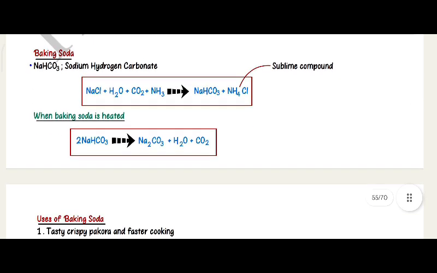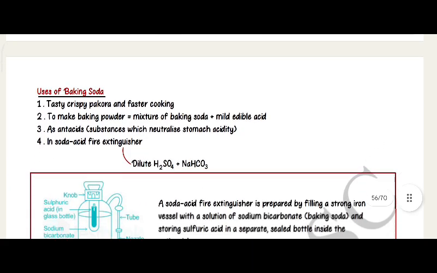Baking soda, sodium bicarbonate, sodium hydrogen carbonate. NaCl plus H2O plus CO2 plus NH3 gives NaHCO3 plus NH4Cl. When baking soda is heated, 2NaHCO3 gives Na2CO3 plus H2O plus CO2.